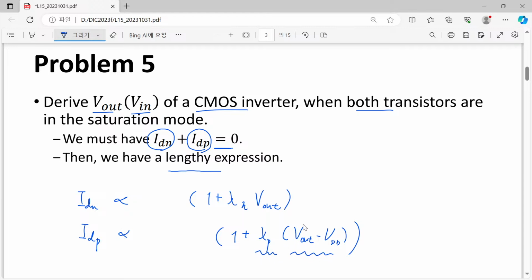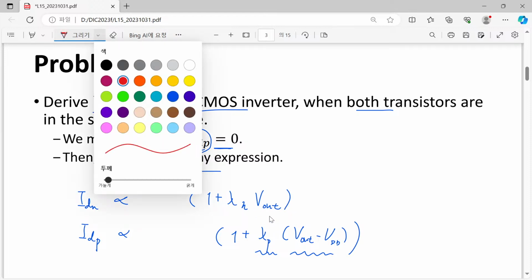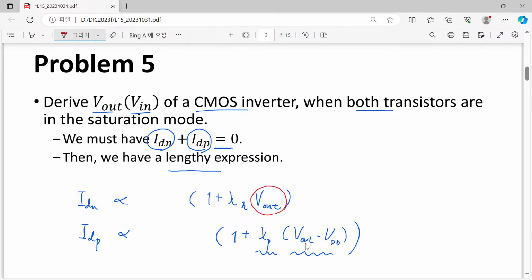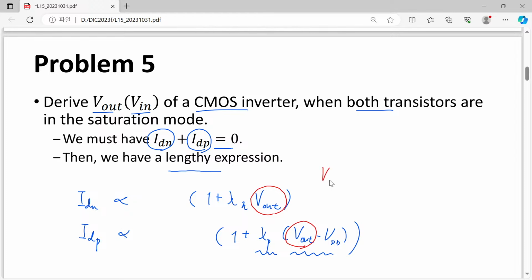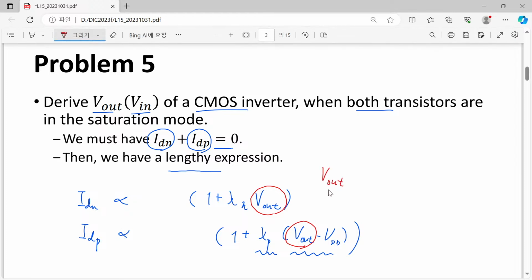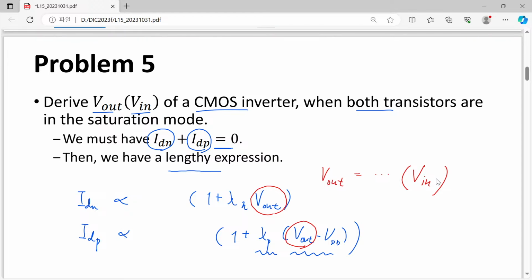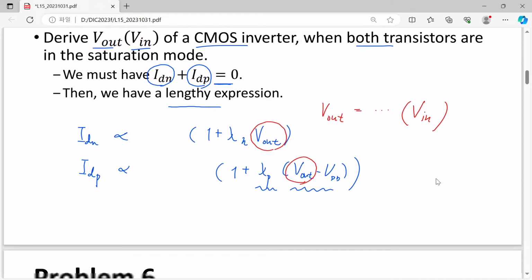When we sum them all or make a product, they contribute positively. Here we have the terms proportional to V out, and also here we have the terms proportional to V out. So V out can be expressed in terms of V in. So that was problem number 5.